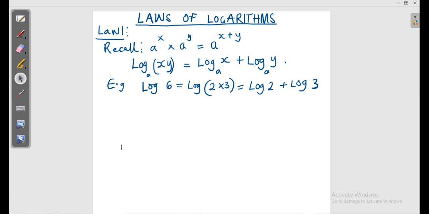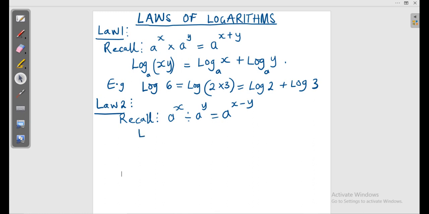Now let's look at another law. Law 2. Let's also recall that there's the division law in indices that says a raised to the power x divided by a to the power of y equals a to the power of x minus y. Could you pause this video and tell us what you think the law of the logarithm will look like?